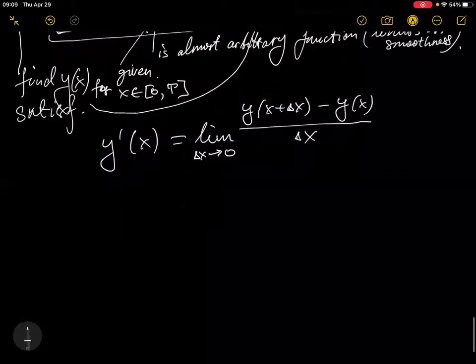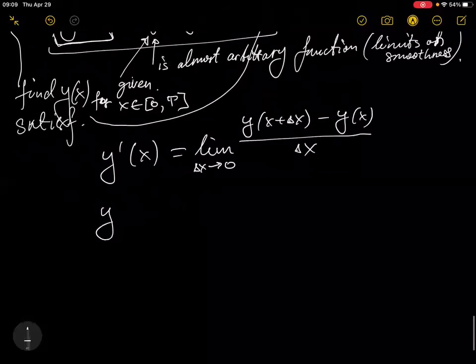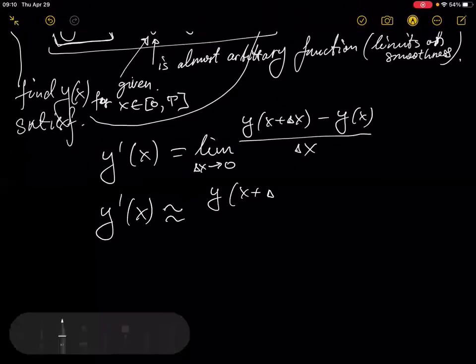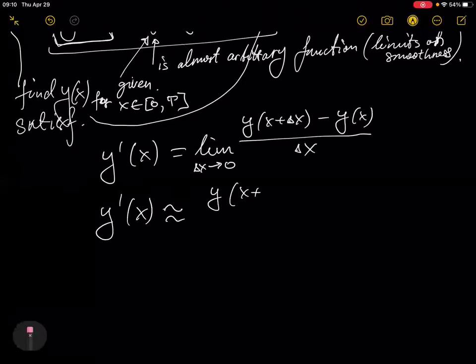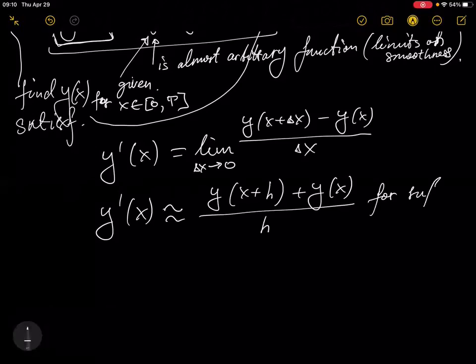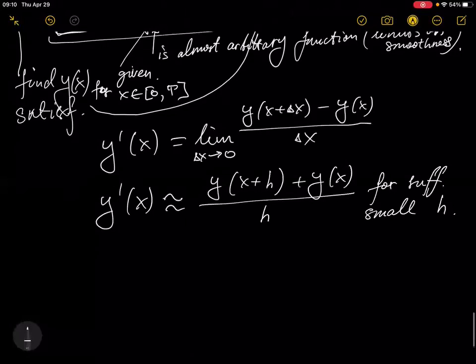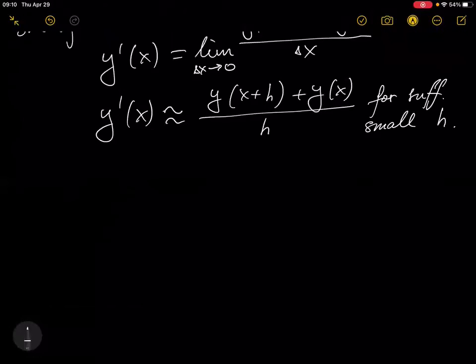So we can say, let us approximate, and we did it before, this with, okay, let me call this h, for sufficiently small h, then our equation will look like that.